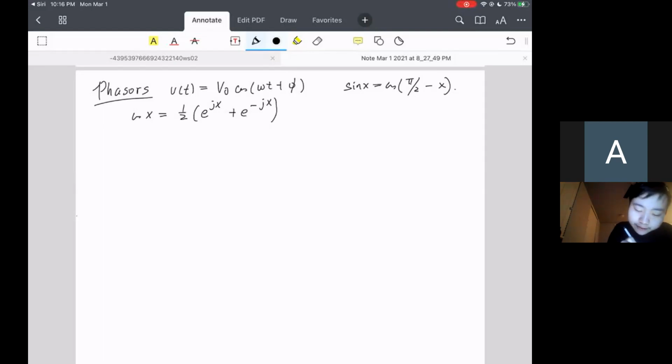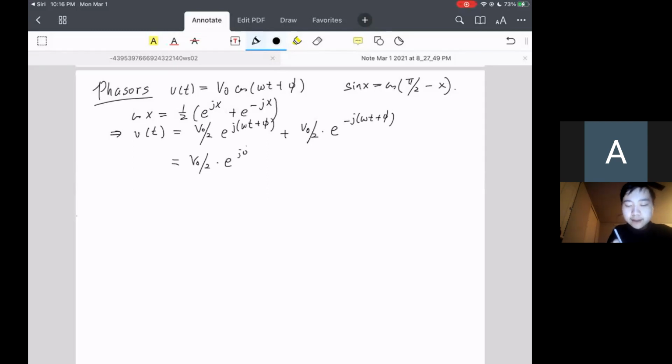And so we have V(t) equal to V0 over 2 times e to the j(omega t plus phi) plus V0 over 2 times e to the negative j(omega t plus phi). And so that is equal to V0 over 2 times e to the j phi times e to the j omega t, plus V0 over 2 times e to the negative j phi times e to the negative j omega t.